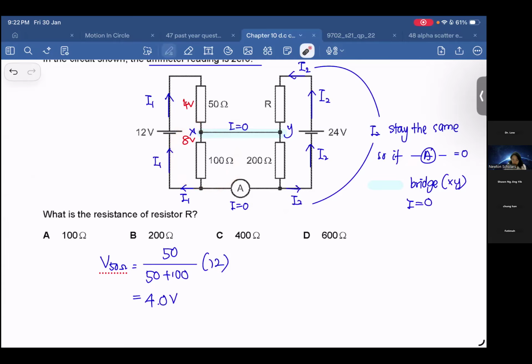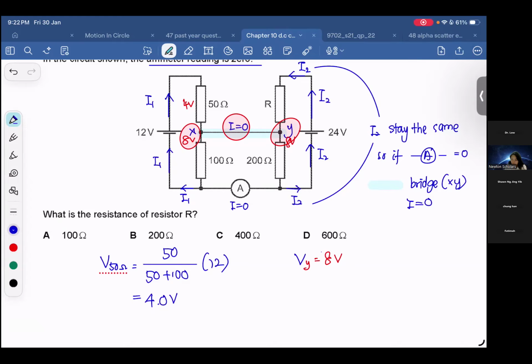Then I is not equal to 0 here. The voltage across Y at here is also 8 volt, because there is no current, so no potential difference. X is 8 volt, so Y should be 8 volt also.